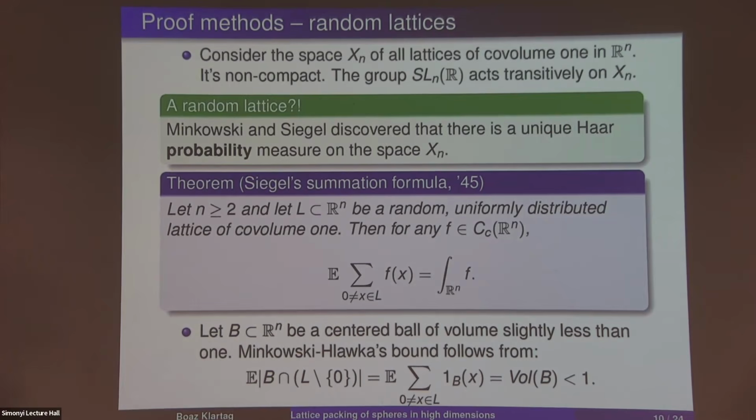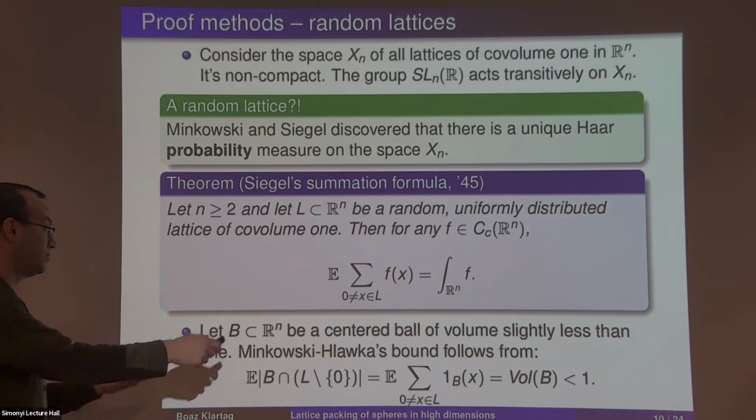Now let me prove for you the Minkowski bound in 3 lines, or 1 line, depending on how you count. How can you prove that there is a lattice of covolume 1 which avoids a Euclidean ball of volume 1? A Euclidean ball of volume 1 is huge, its radius is about root n. How could you avoid this ball?